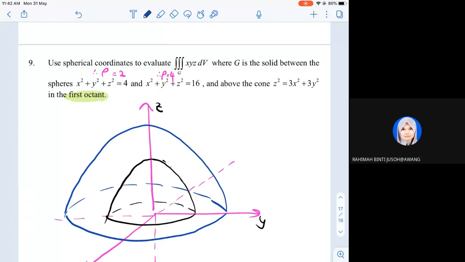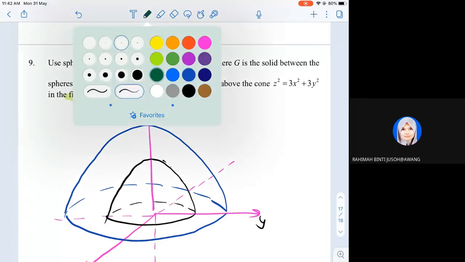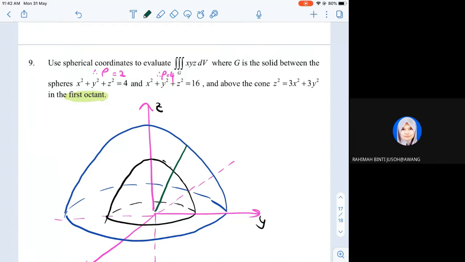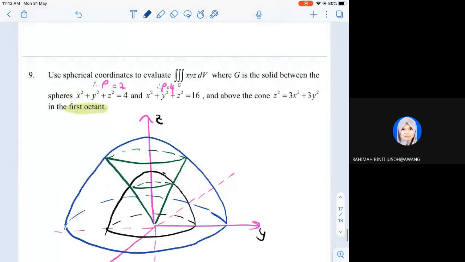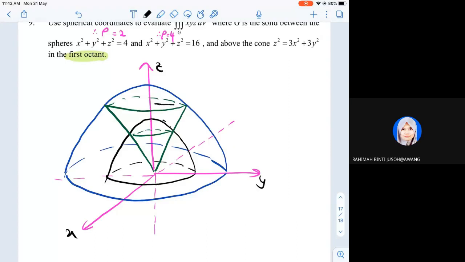Okay, lepas tu dia ada cone. Cone macam ni. Di antara dua sphere and then dia ada cone macam ni. Okay. Tapi in the first octant sahaja. So first octant melibatkan kawasan ni sajalah.